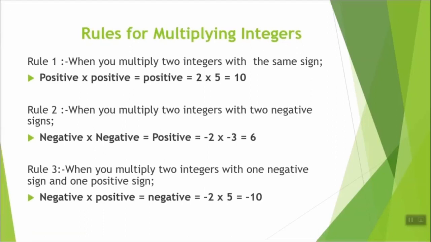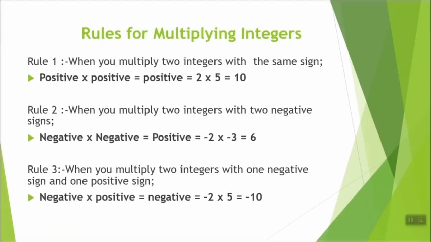So the product will have a positive sign. So when the two integers are carrying the same sign, the product will have positive sign. While in rule 3, if one integer is positive and the other one is negative, then the product will have negative sign.